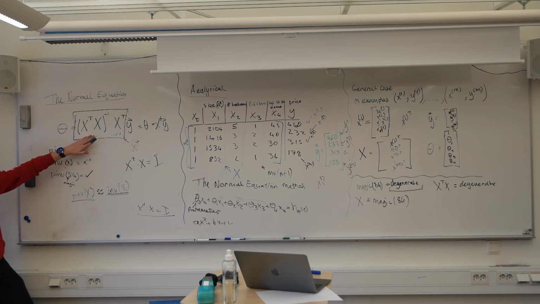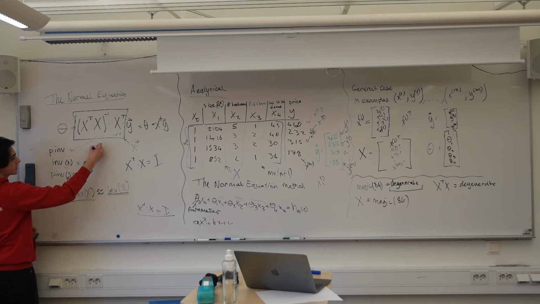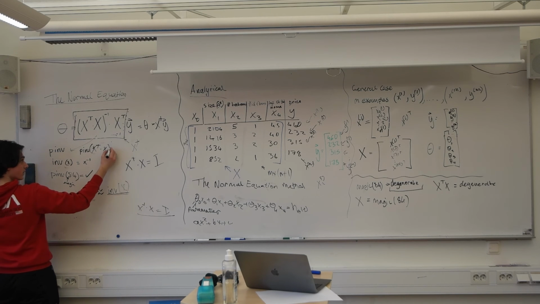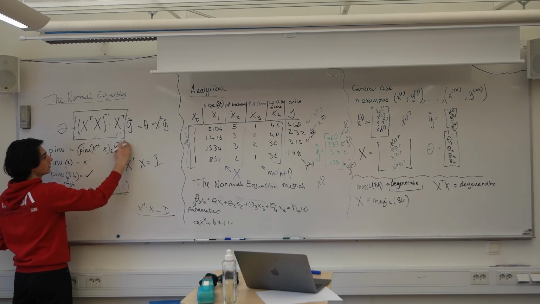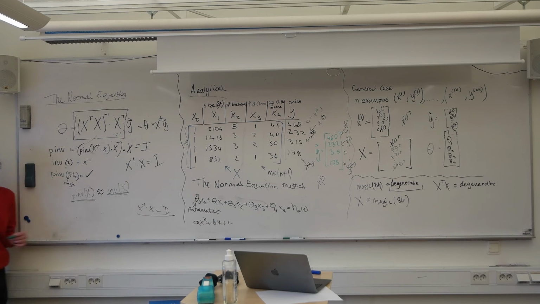But using degenerate matrices and the pinv function, right? If I do x transpose times x, pinv, and then all of this, and pinv, and then multiply this by x transpose, right? And all of that multiplied by x, it's going to be our identity matrix, right?